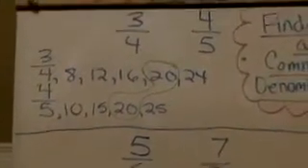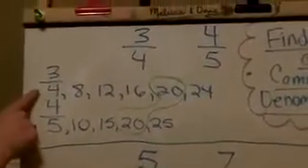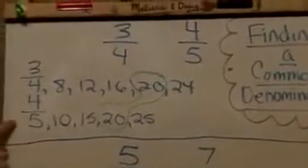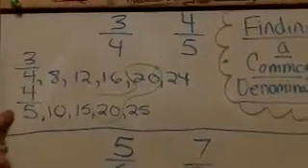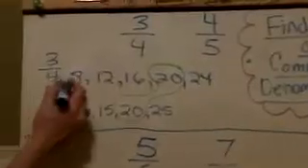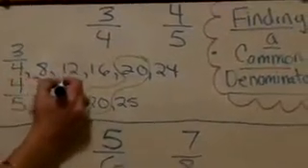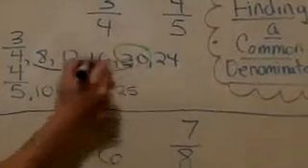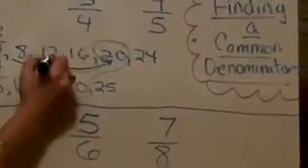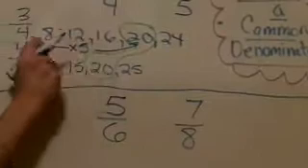Now I use that 20 to make a new fraction that's equivalent to 3/4 and a new fraction that's equivalent to 4/5. So I ask myself, what did I have to do to this 4 to get 20? Well, I multiplied it by 5.